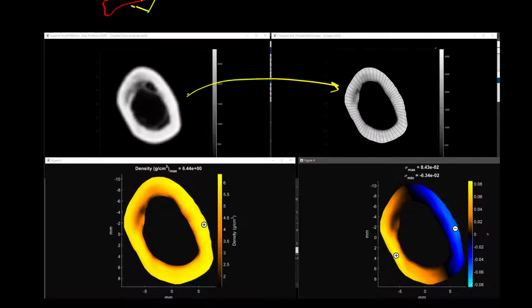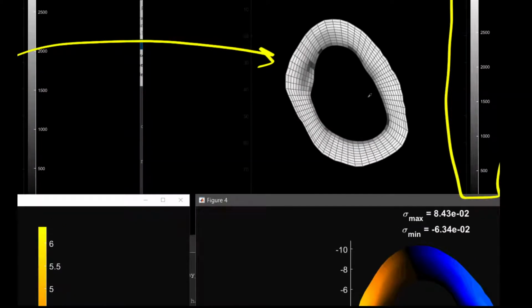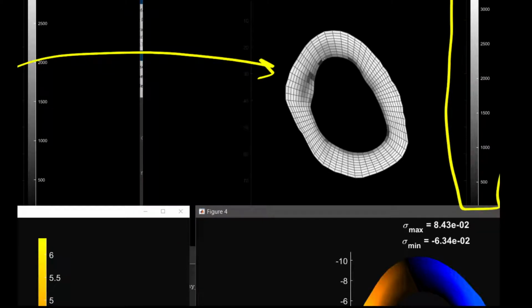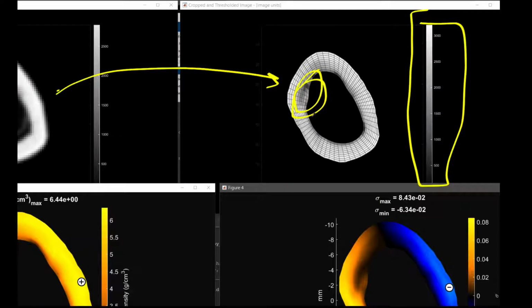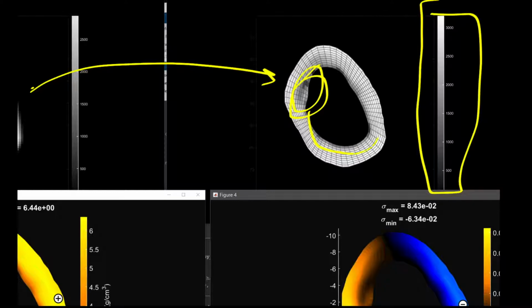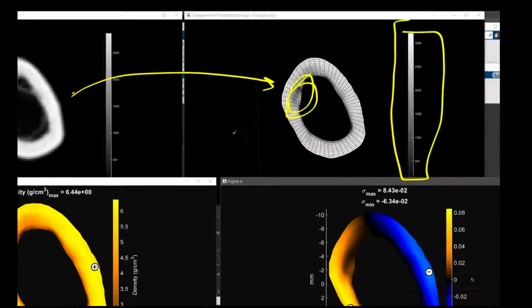You can't really see the label on the axis here, but the whiter areas are more dense, stronger areas of bone, and the darker areas are less strong. So you can see this area right here, for example, is a less strong area of bone. And you can notice that the inner part of the bone is less strong, whereas the strongest stuff is on the outer perimeter.